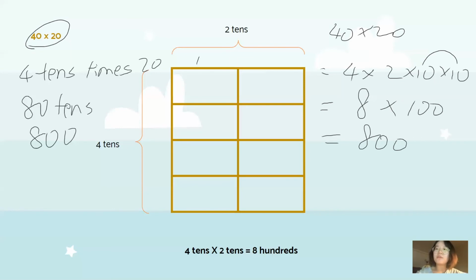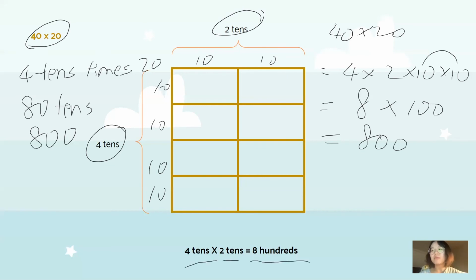Each one represents 10. So this side represents 2/10 and this side represents 4/10. So we have 4/10 times 2/10 equals 800.